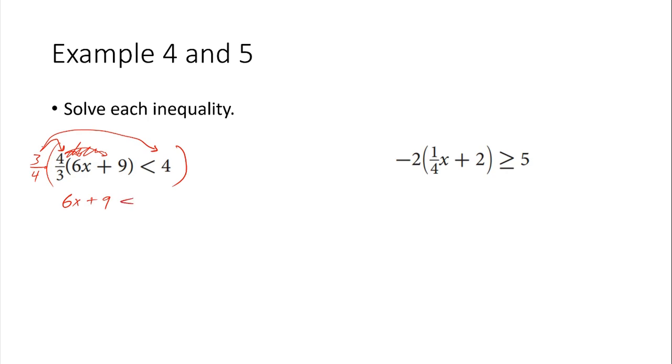Now 3 times 4 is 12. 12 divided by 4, right? So that's going to give me 3. So we have 6x plus 9 is less than 3. So let's go ahead, and again, that was the distributive property.